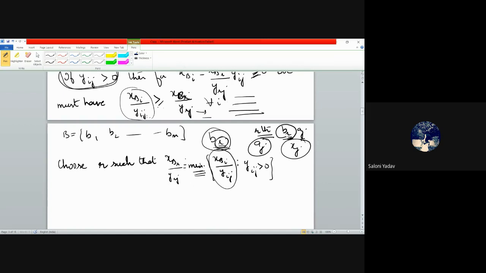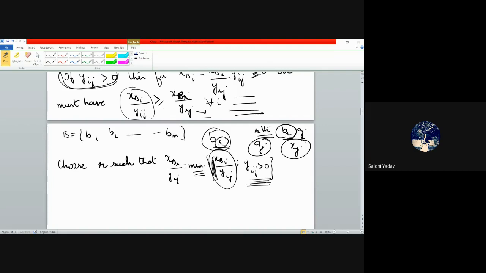ठीक है, तो इसका मतलब क्या हुआ? What is important here is, number one, I have to choose the minimum of this ratio, but then minimum out of only those for which yij's are strictly more than 0, not even equal to 0.